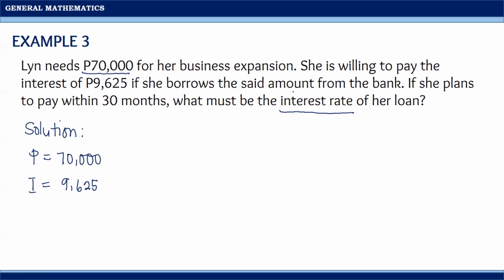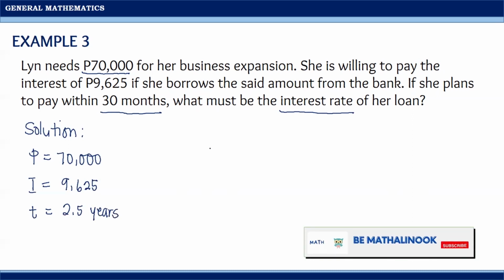Finally, she plans to pay within 30 months. However, remember that we need to write the time in terms of years. Converting 30 months to years, it is equal to 2.5 years.